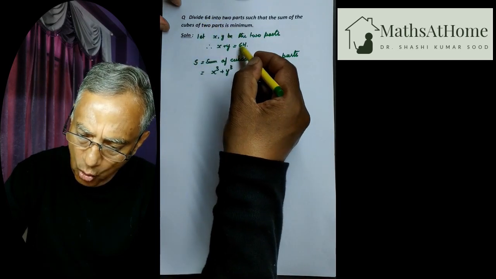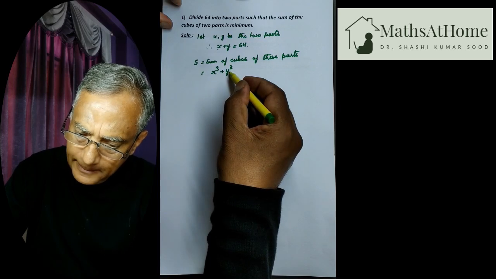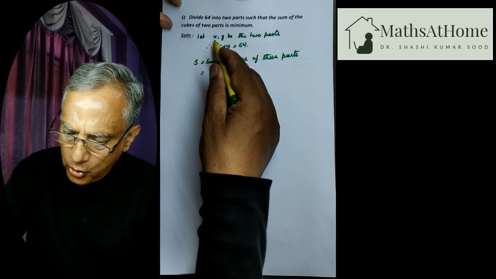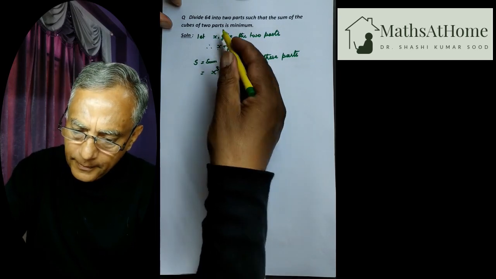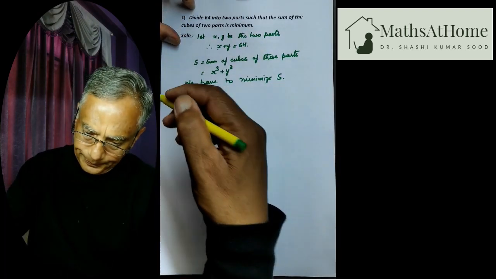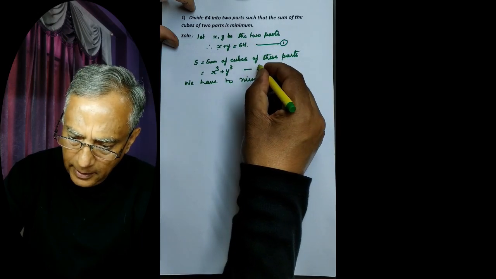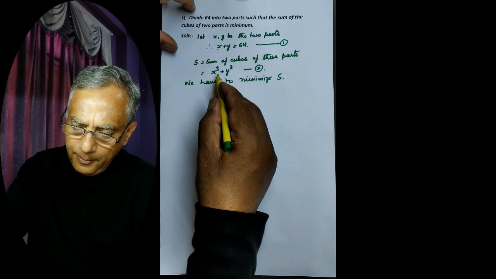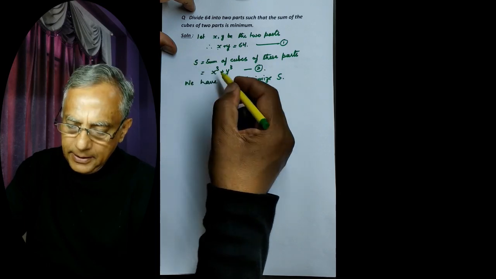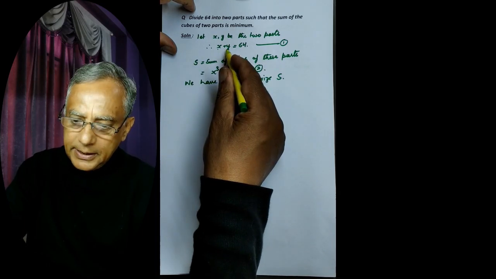Divide 64 into two parts such that the sum of cubes of x and y is minimum. We have to minimize s. Now let this be 1, this be 2. Now the first step will be we will express this function as a function of a single variable using this condition.